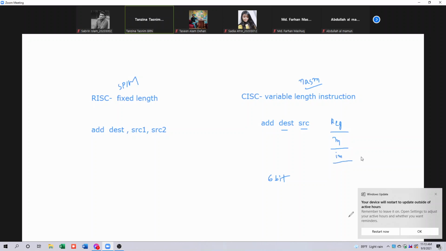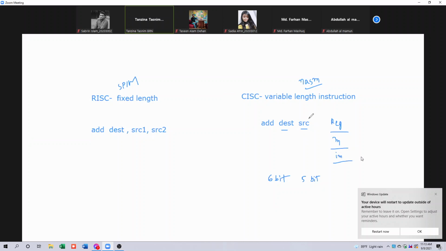It cannot actually be an immediate address. Now, when the destination operand is a register, how many bits will be used for representing that register? 5 bits. When the register name is translated into a binary number, it will be a 5-bit number.